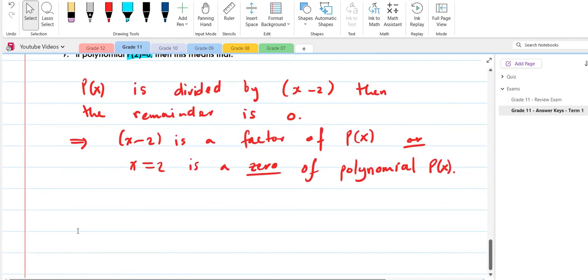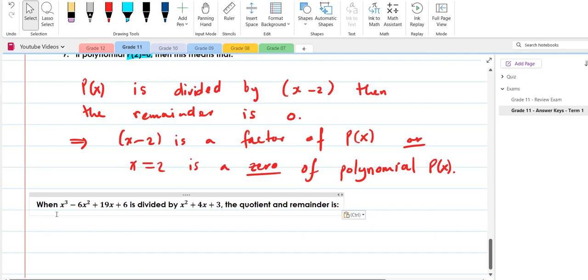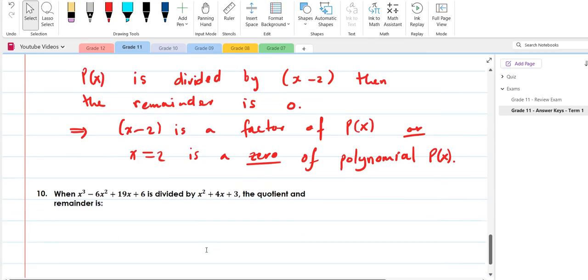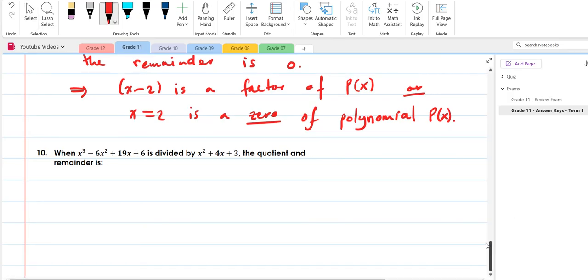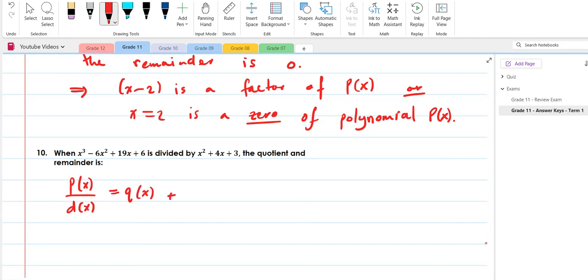Question number 10, guys. When x cubed minus 6x squared plus 19x plus 6 is divided by x squared plus 4x plus 3, the remainder is. So we want to see what's the quotient and the remainder. Remember, for polynomial division, we say p of x divided by d of x gives the quotient q of x plus r of x, which is the remainder, over the divisor d of x.